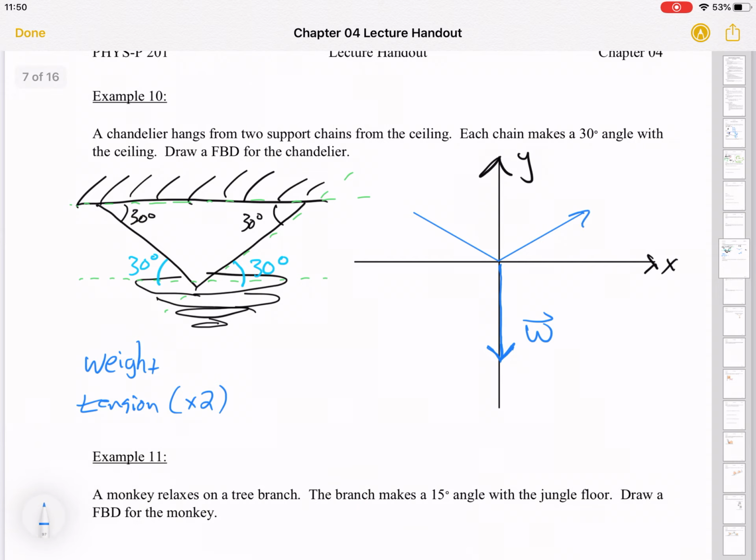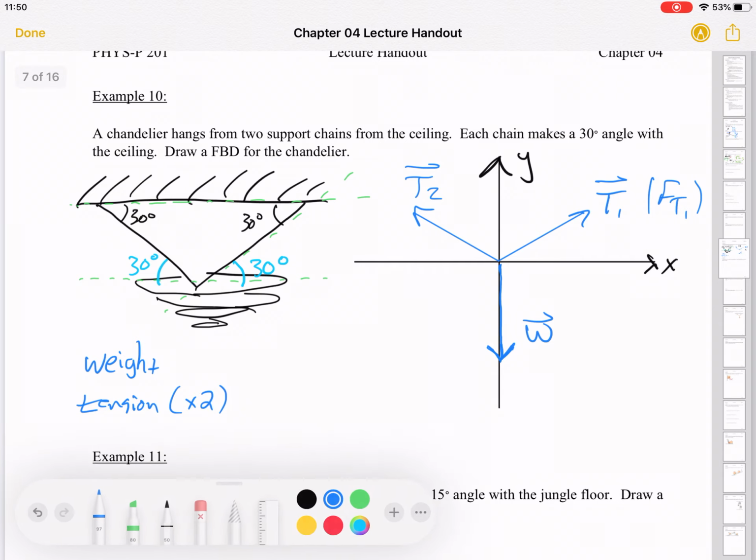So let's draw the end of those. These are both tension, but they're different objects, so I'm going to call it T1 and T2. Those are vectors. Great. Again, I could call this F sub t, but if I call this F sub t, I have to call it F sub t sub 1, and the other one's F sub t sub 2.